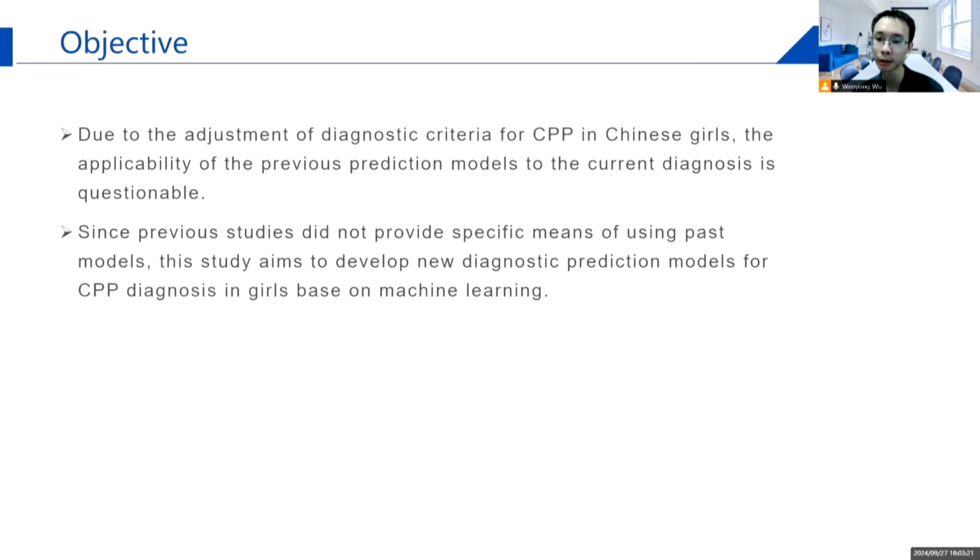Due to the adjustment of diagnostic criteria for CPP in Chinese girls, the applicability of the previous prediction models to the current diagnosis is questionable. Since previous studies did not provide specific methods, this study aimed to develop new diagnostic prediction models for CPP diagnosis in girls based on machine learning.